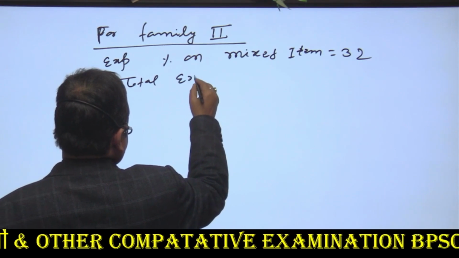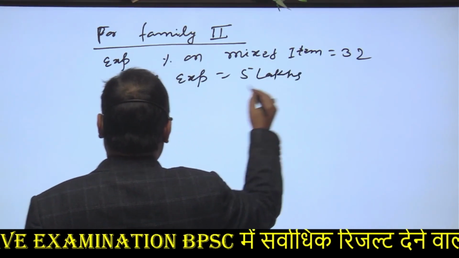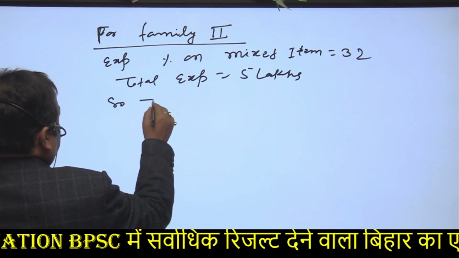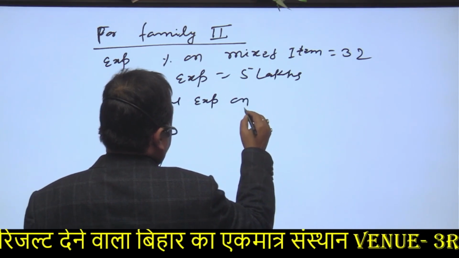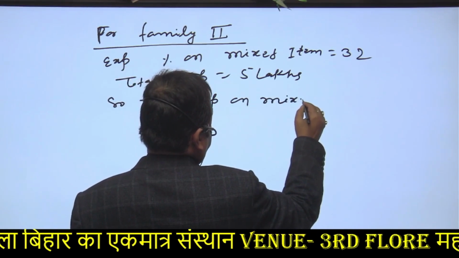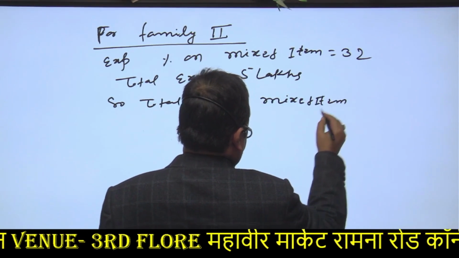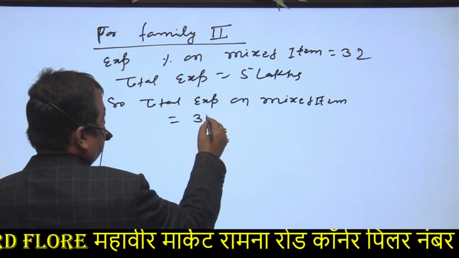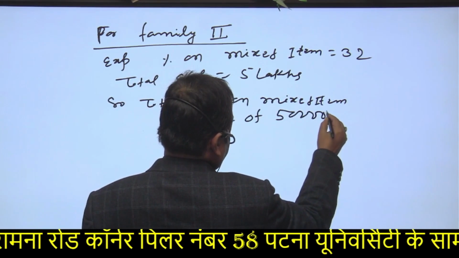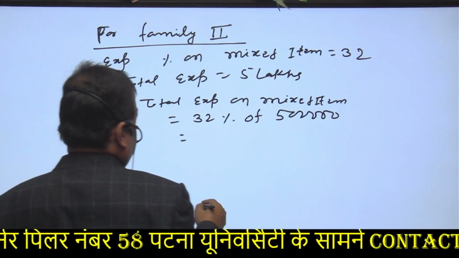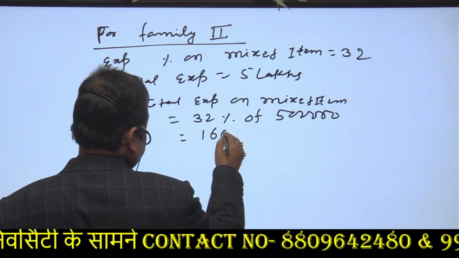Total expenditure equals 5 lakh. So total expenditure on mixed equals 32% of 5 lakhs equals 160,000.